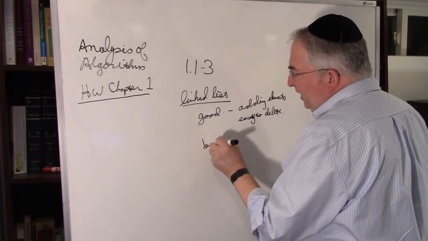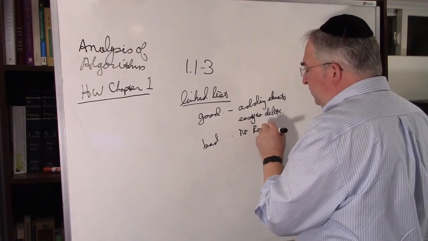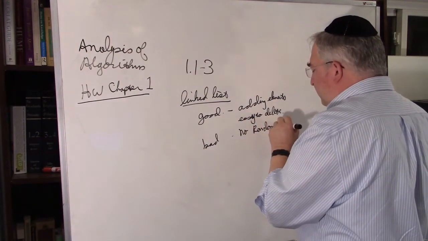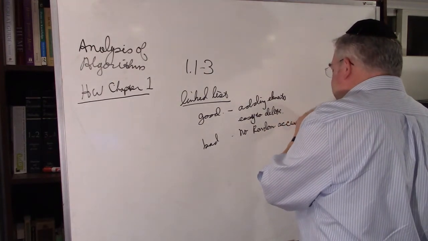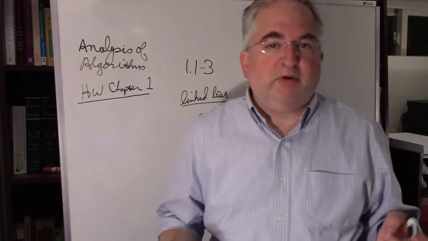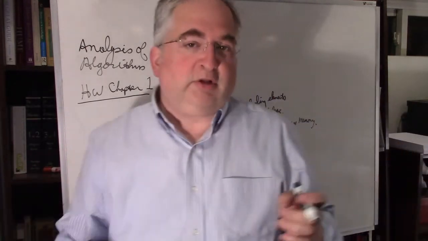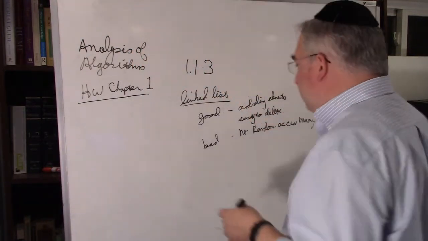Why is it bad? No random access memory. With a linked list, you can't just go to any element whatsoever. You have to traverse the other links, the other elements too. So it's not very good with that.